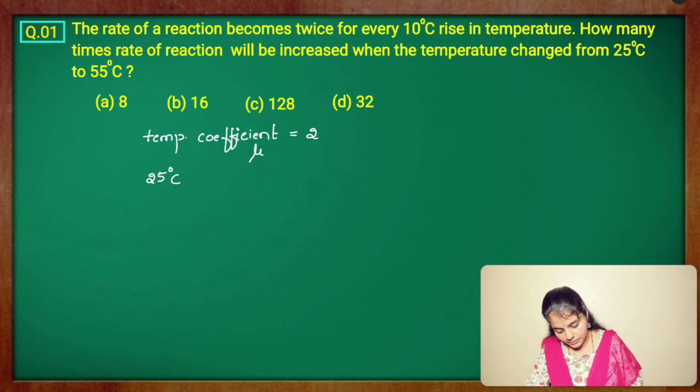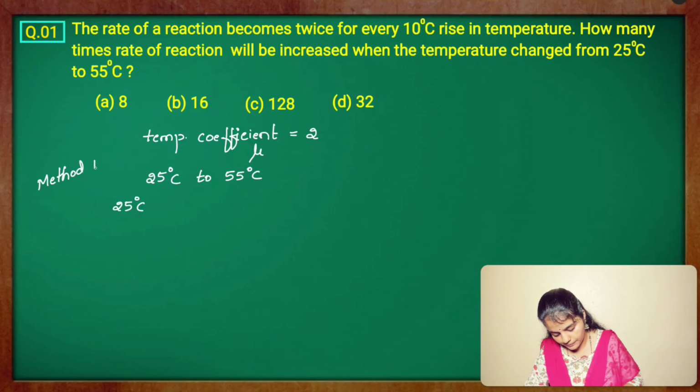Temperature is changing from 25 degrees centigrade to 55 degrees centigrade. For every 10 degrees centigrade, rate is increased 2 times. So here I'll make these intervals at a difference of 10 degrees centigrade. So this is the first method of solving this particular question.